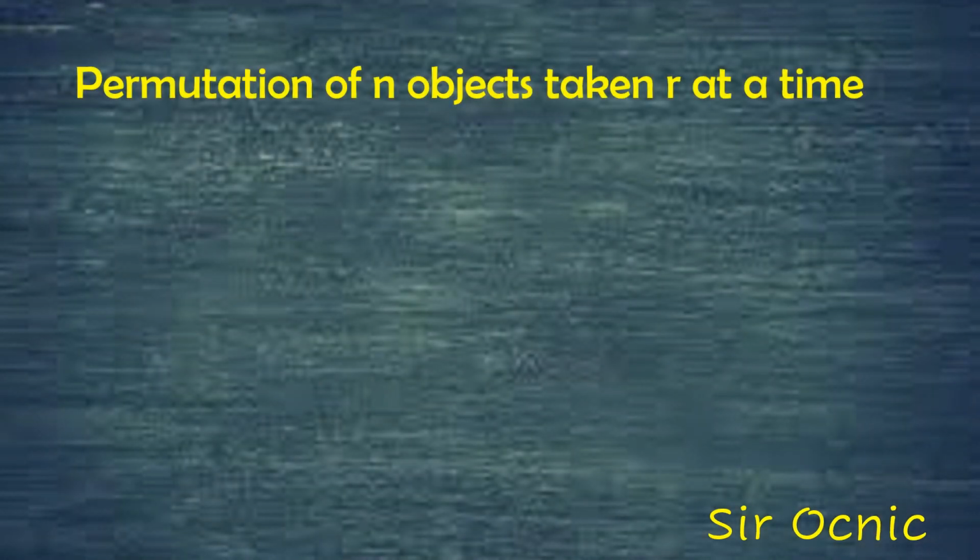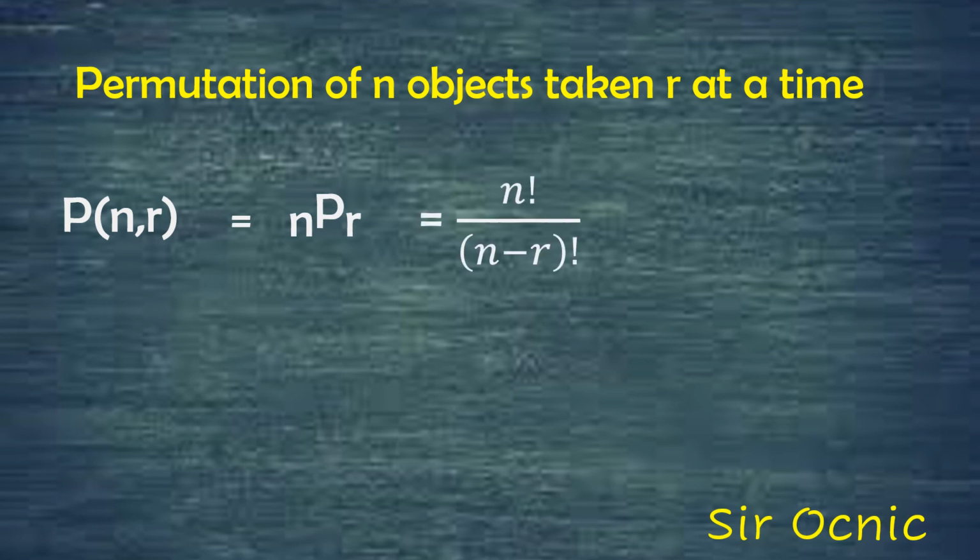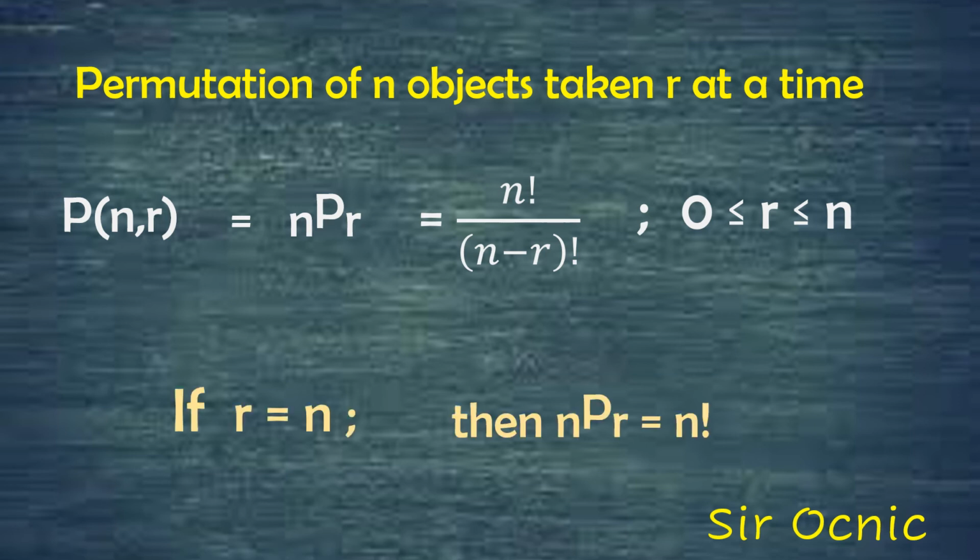The permutation of n objects taken r at a time is denoted by P(n,r) or nPr, which is equal to n factorial all over n minus r factorial, wherein r is greater than or equal to 0 but less than or equal to n. If r is equal to n, then nPr is equal to n factorial.